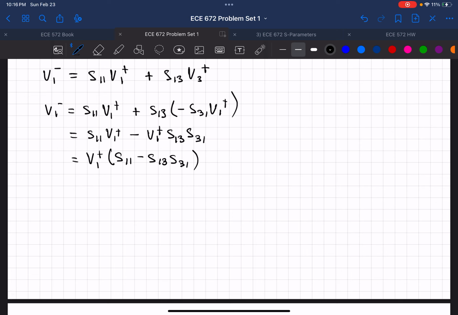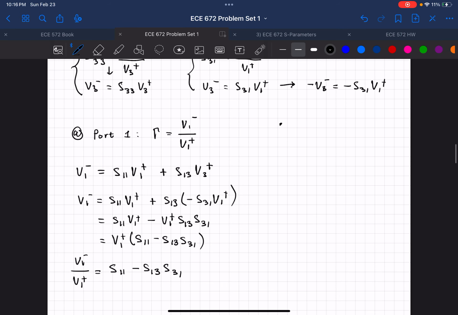We can get V1 plus to the left-hand side, so we have V1 minus over V1 plus equivalent to S11 minus S13 S31.